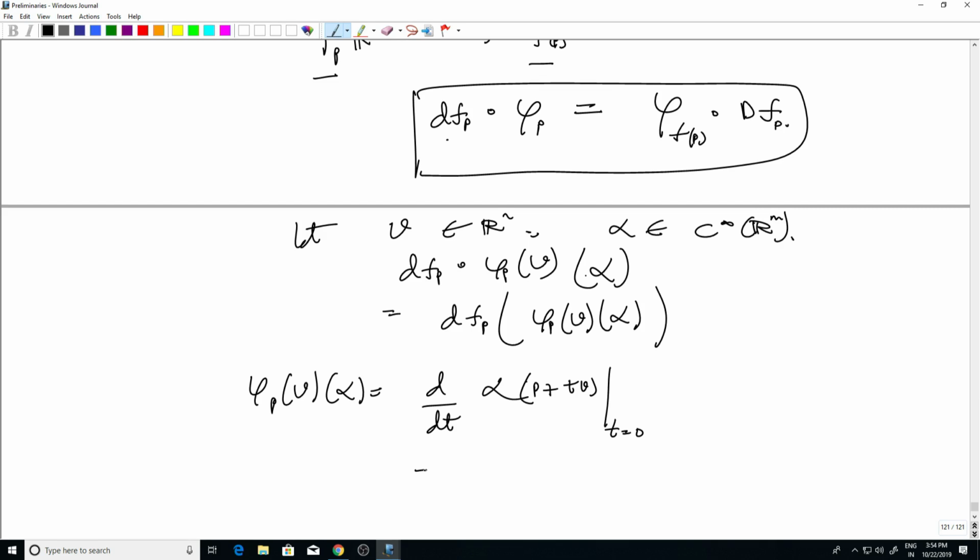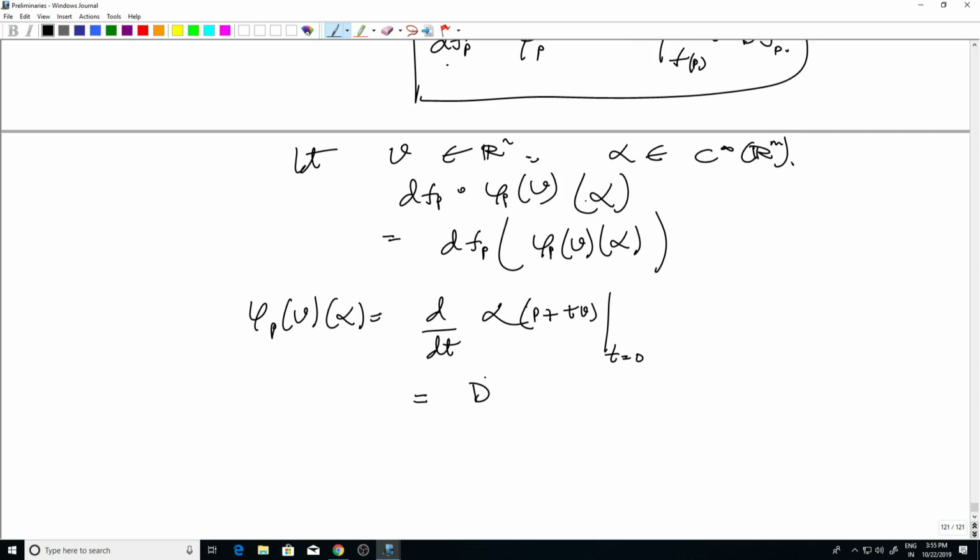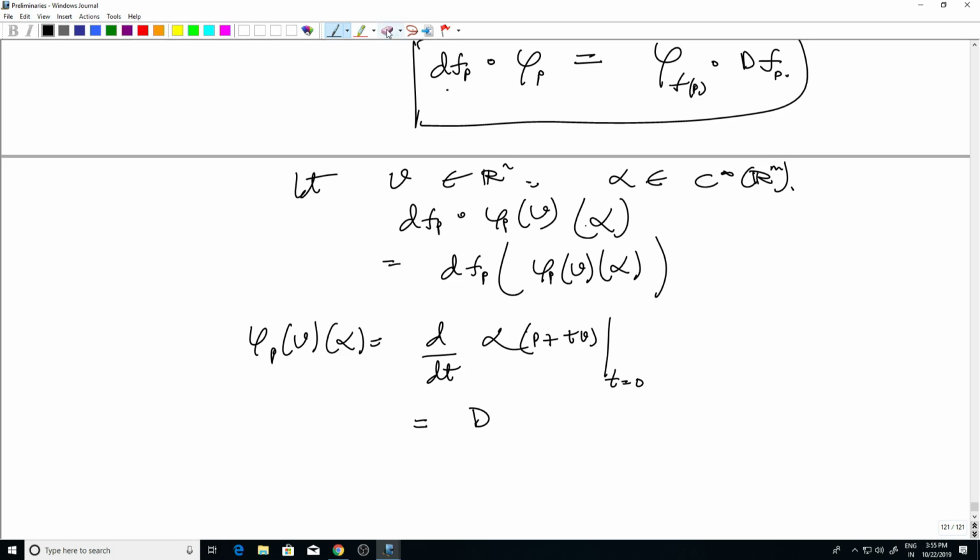And we also know that this is the same thing as the usual derivative. One could write this in a couple of different ways.